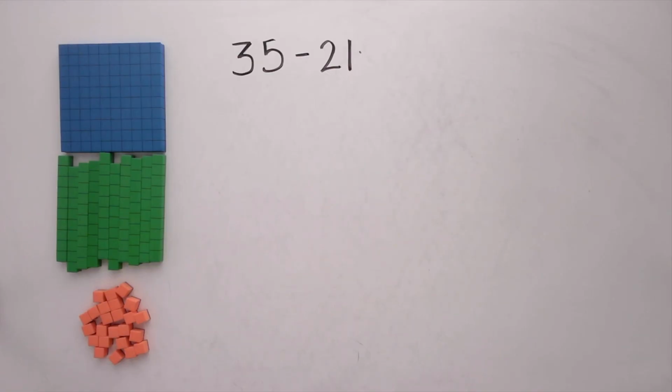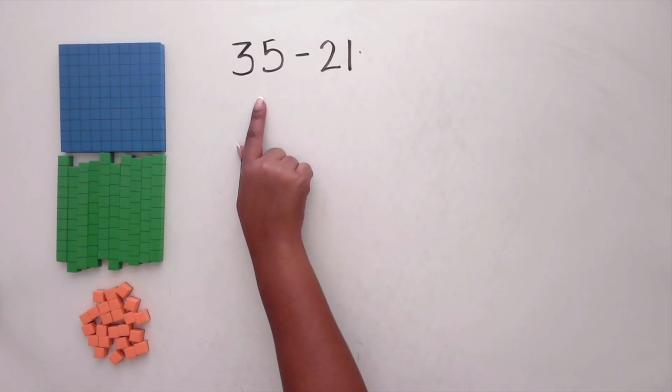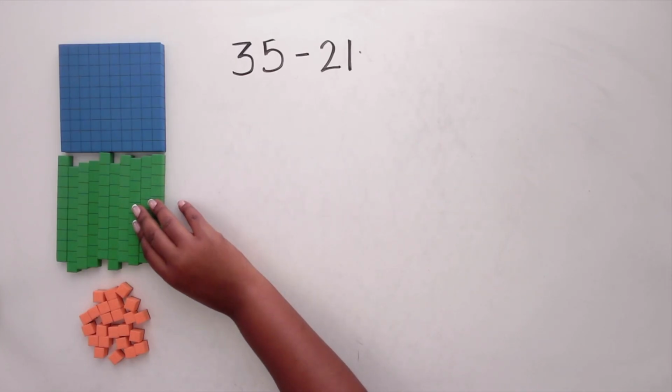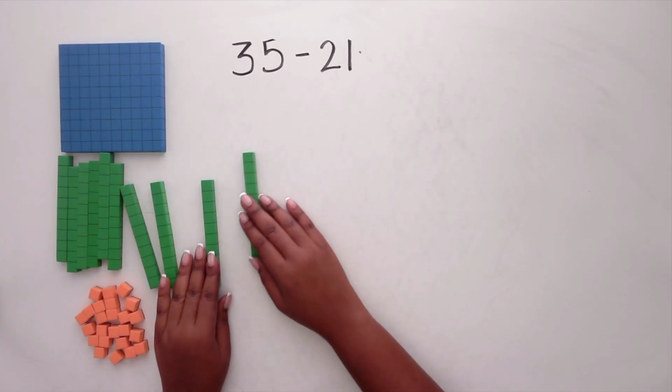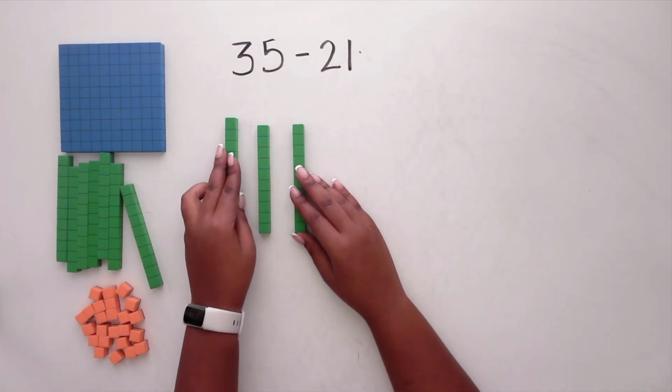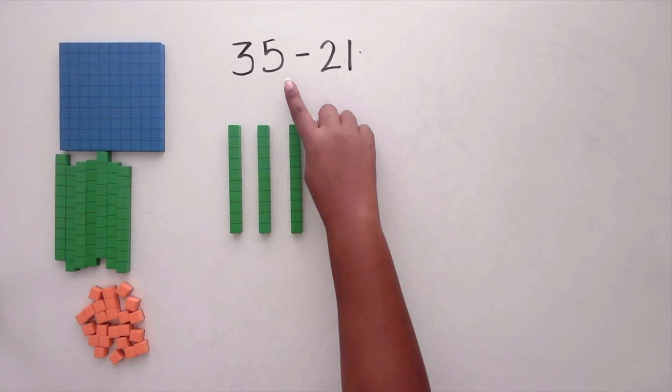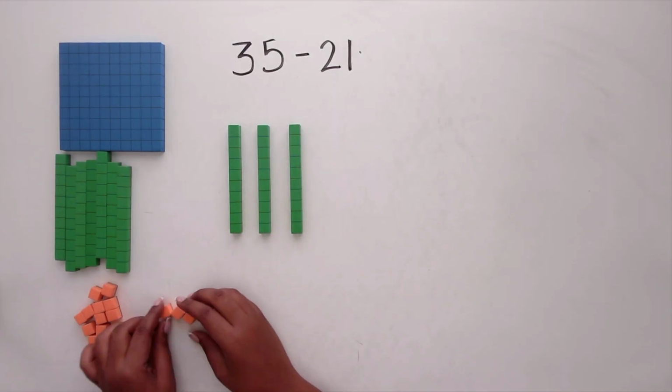First, I'll model the number 35 with base 10 blocks, 3 rods for 30, and 5 units for 5.